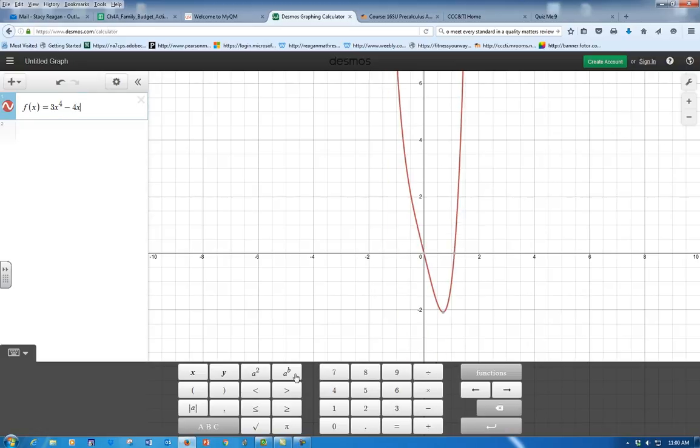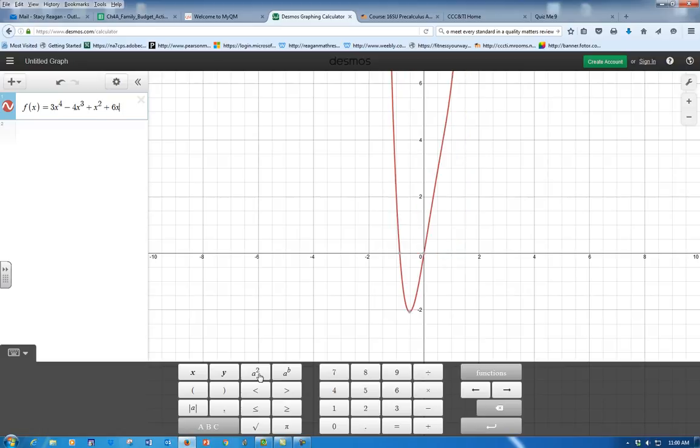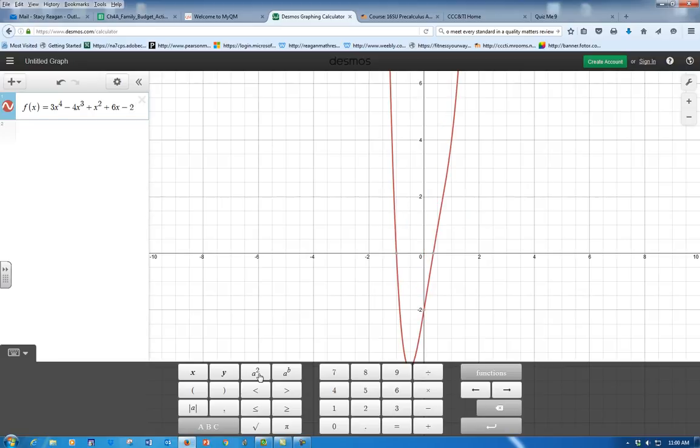I think sometimes the hardest part is getting it typed in correctly. So minus 4x cubed plus x squared plus 6x minus 2. And what we're looking for are zeros.